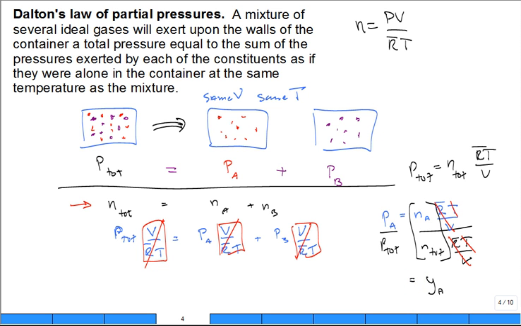So the mole fraction is equal to the partial pressure of A divided by the total pressure, or another way of writing it is, if I wanted a quick expression for the partial pressure of A, the partial pressure of A is equal to the mole fraction for that species A times the total gas pressure. Look good? Great. Good review of chemistry? Good.